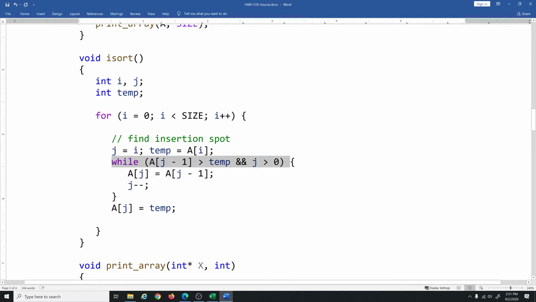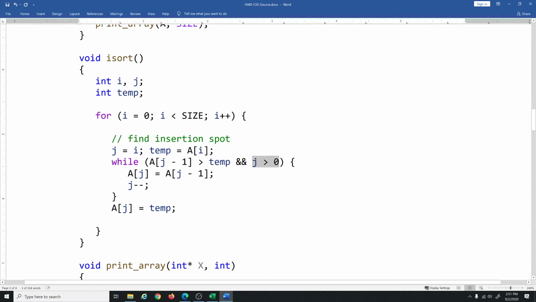This loop is going from, let's see, where's the decrementer? J is going down. So J starts at I. And the first time through on the outer loop I is 0. So this J is starting at 0 and going to 0. And there's also this thing here which may terminate the loop. So we've got to figure the worst case. The worst case is it goes to 0.